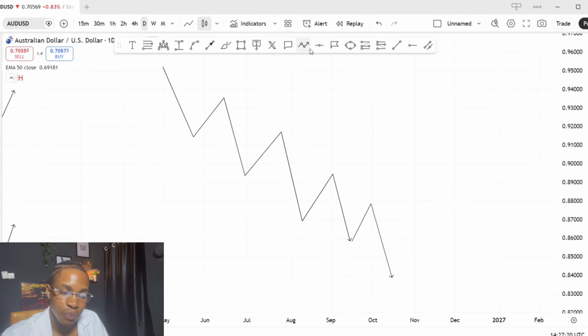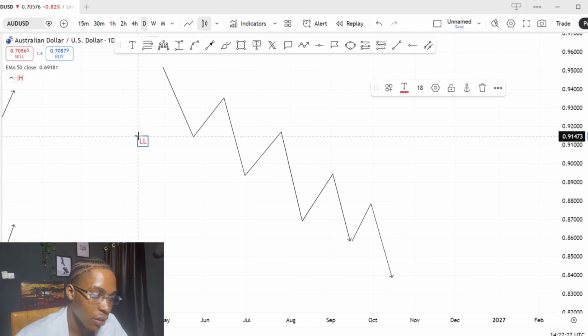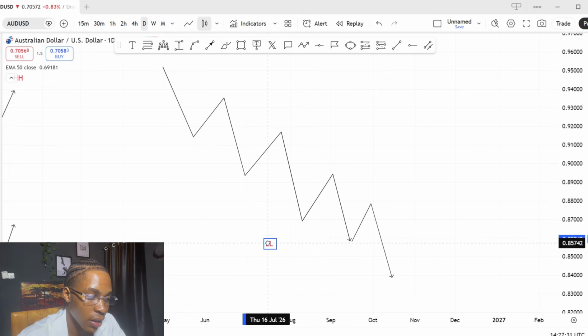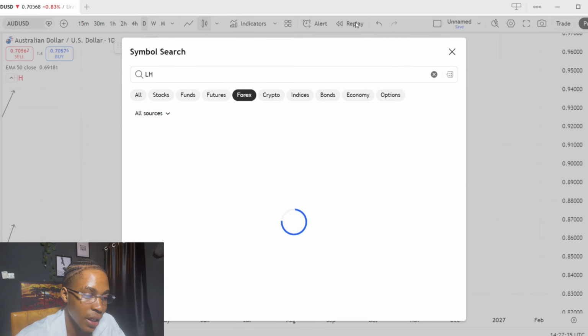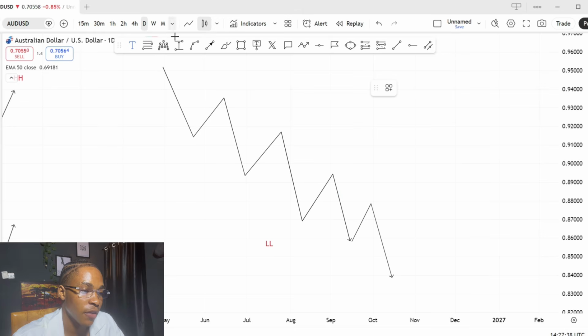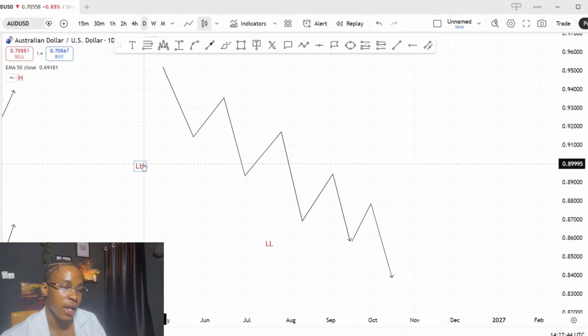Let me type them down here so you can see them. We have the LL, which is lower low, and then we have the lower high, LH. Now I have both of them here.